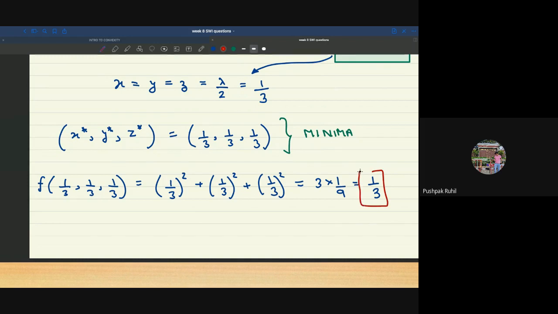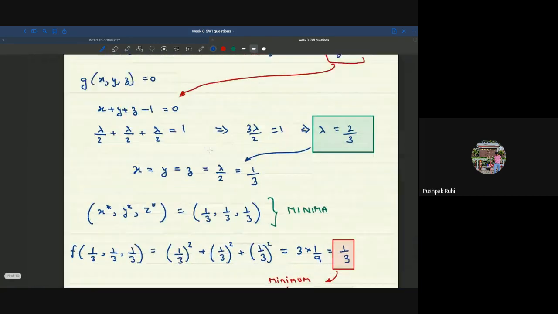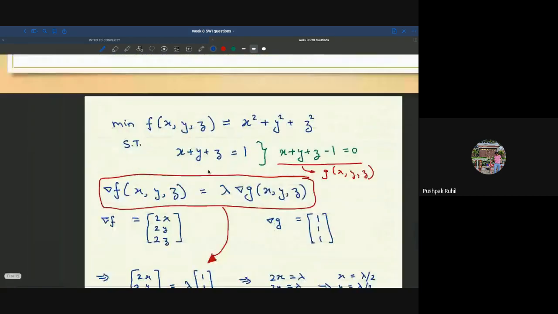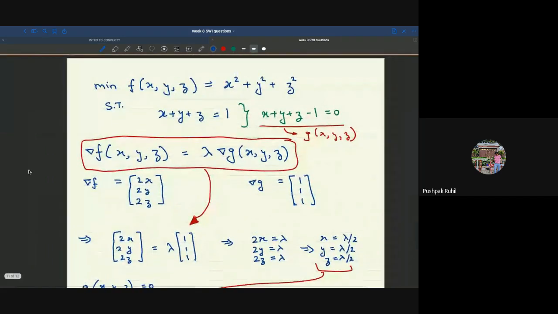And this would be the minimum value. I hope, is there any confusion with this particular question? Anyone who did not understand?